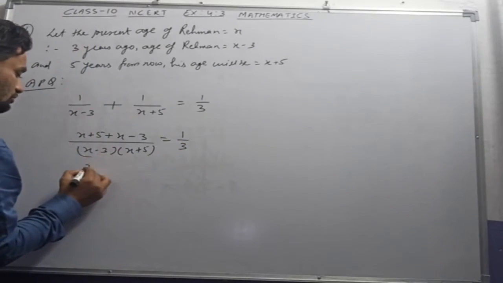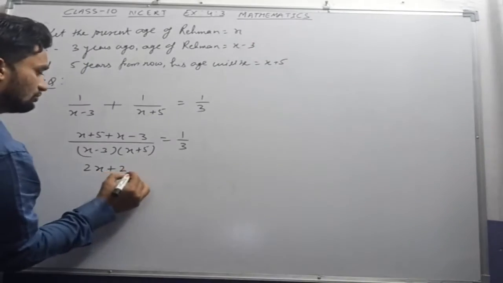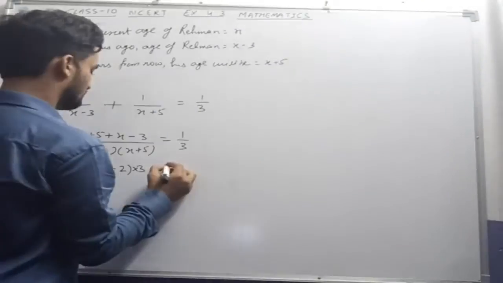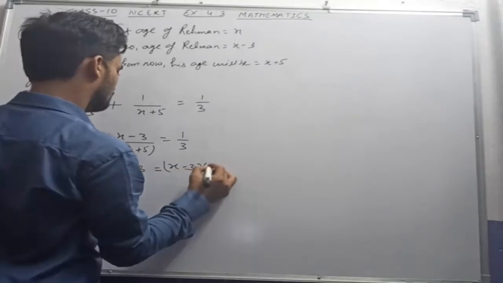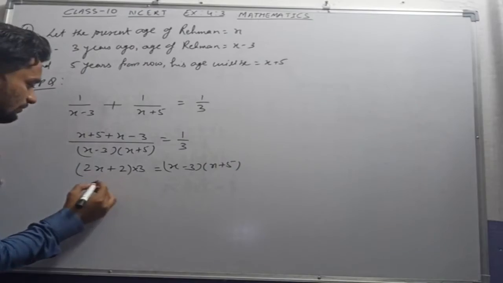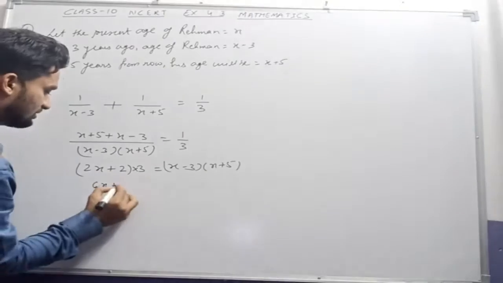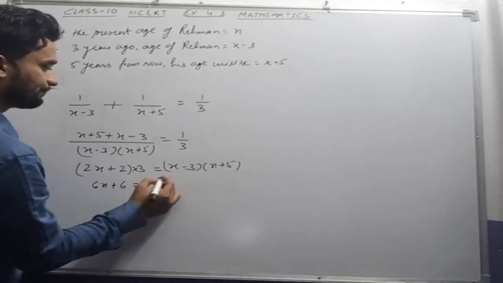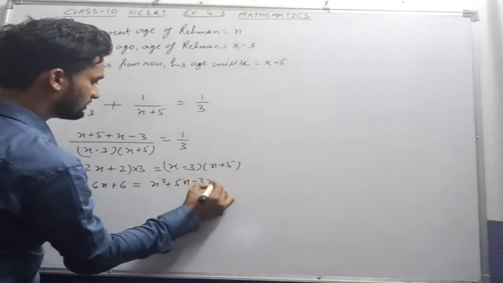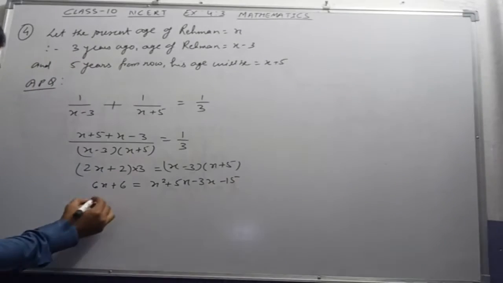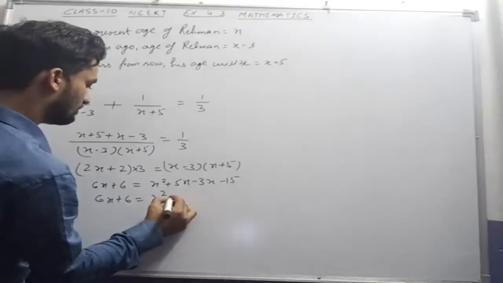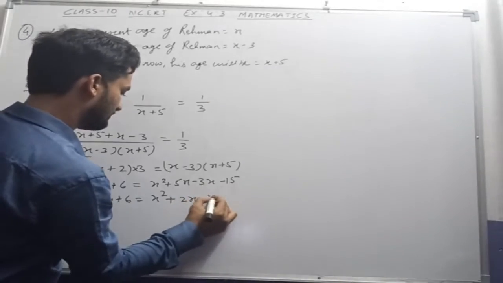So this will be 2X plus 2, and this 3 on cross multiplying is equal to X minus 3 into X plus 5 into 1. No need of writing 1. So this will be 3 times, 6X plus 6 is equal to X square plus 5X minus 3X minus 15.